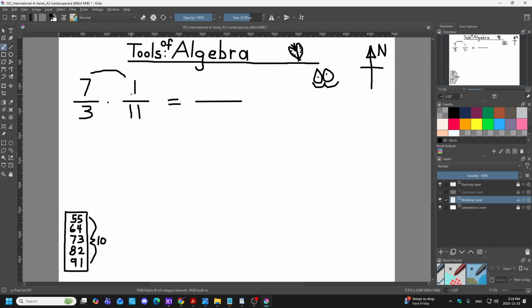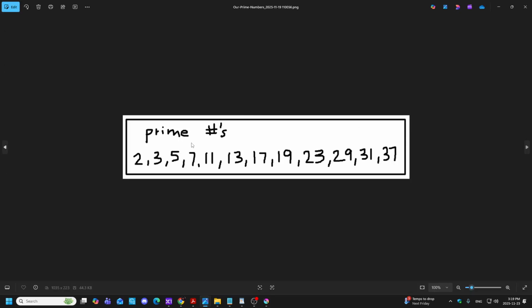It's so super simple. It can't get any easier than that. 11 times 3, 33. Can we reduce? I don't know. Let's find out. 7 is a prime number. We are done.